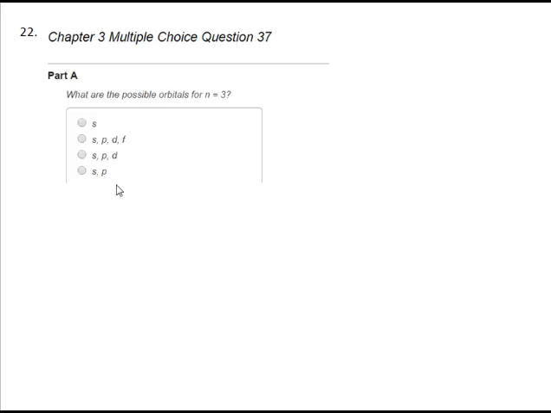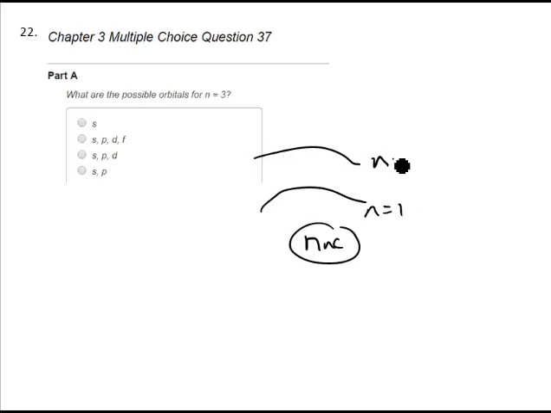Now this is a pretty straightforward question, number 22 here, if you understand the way this works. So we've got our nucleus, and then we've got N is equal to 1, N is equal to 2, and then N is equal to 3. And remember, we start only with S's, and then every time we go out a shell, S and P's, we add.